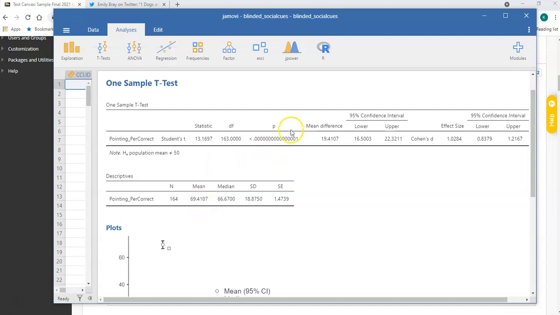So about 69% of the time they went to the correct cup. And this p-value tells you that that is very unlikely to result from sampling error. A difference of being 19% higher than 50, because that's the test value, that is very unlikely to occur due to sampling error. The effect size is large because it's a full standard deviation. And then you have the confidence intervals here.